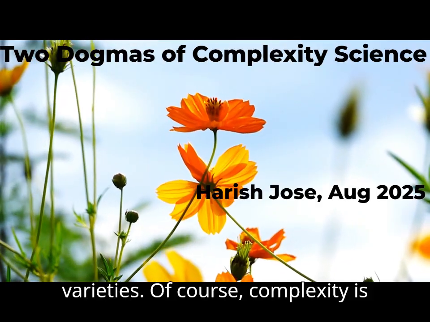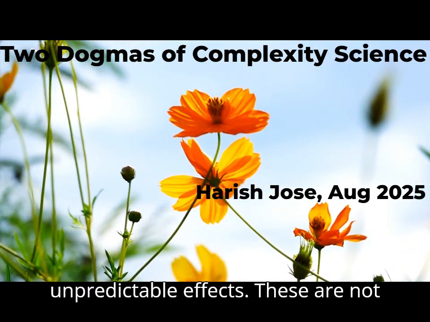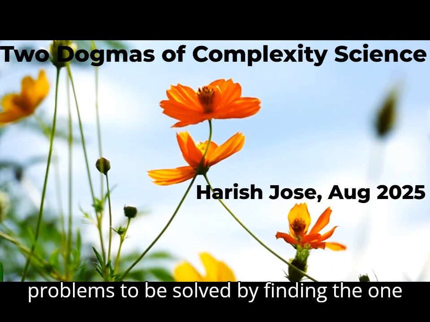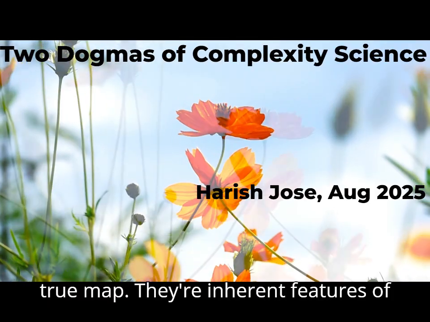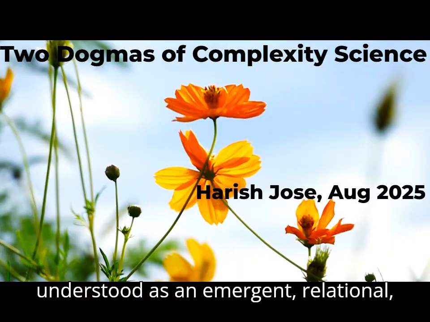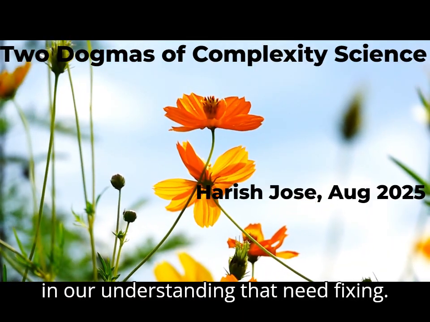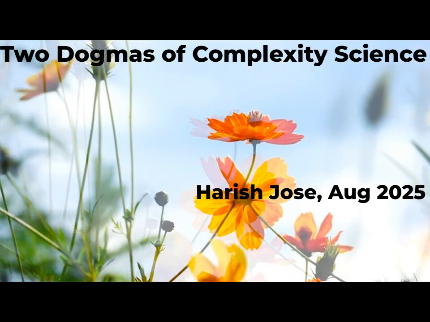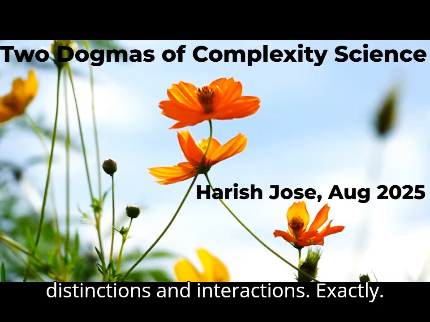Of course, complexity is context-dependent and boundaries are fuzzy. Of course, interventions have unpredictable effects. These are not problems to be solved by finding the one true map. They're inherent features of how complexity actually works when understood as an emergent, relational, enacted phenomenon. They're not glitches in our understanding that need fixing. They're fundamental truths about the world we co-create through our distinctions and interactions.